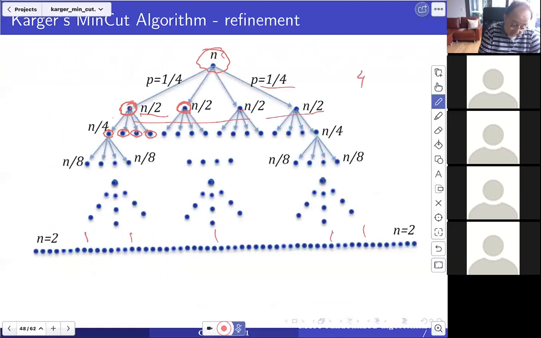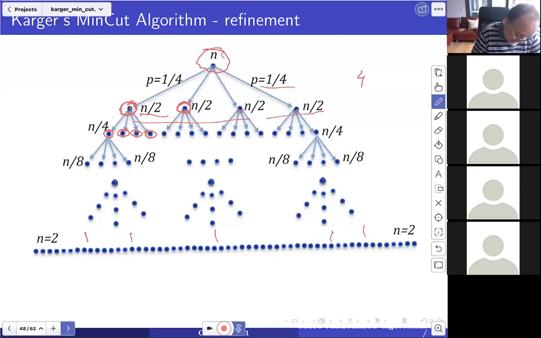The probability that the min cut is correct in each of these graphs is one quarter, but there are 4 of them. So it's kind of reasonable to assume that if you keep doing that, at the very end, at least one branch will be correct, will produce the correct min cut.